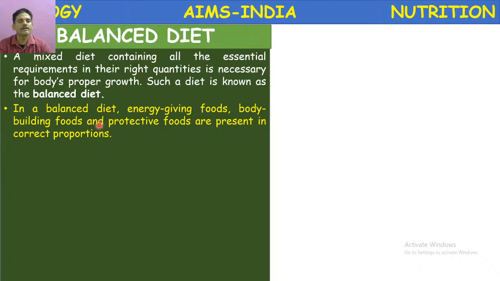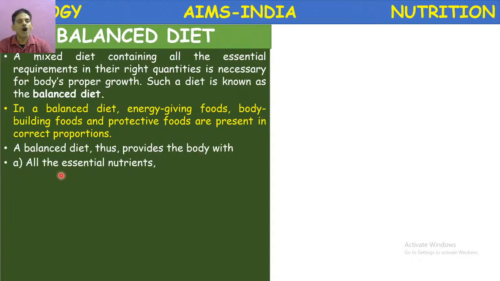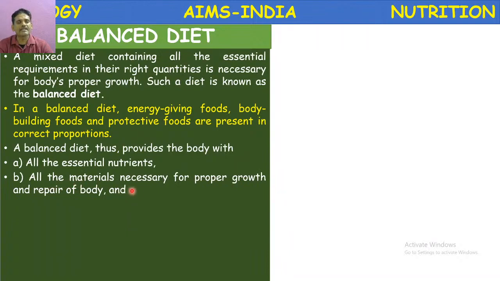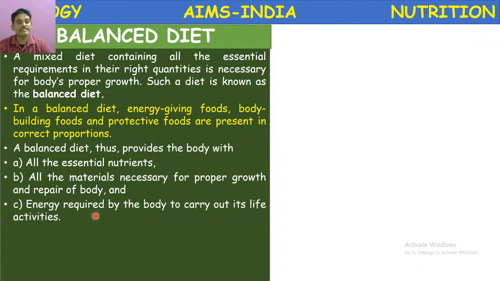Then it is called a balanced diet. A balanced diet thus provides the body with all essential nutrients, all the materials necessary for proper growth and repair of the body, and also the energy required by the body to carry out its life activities.